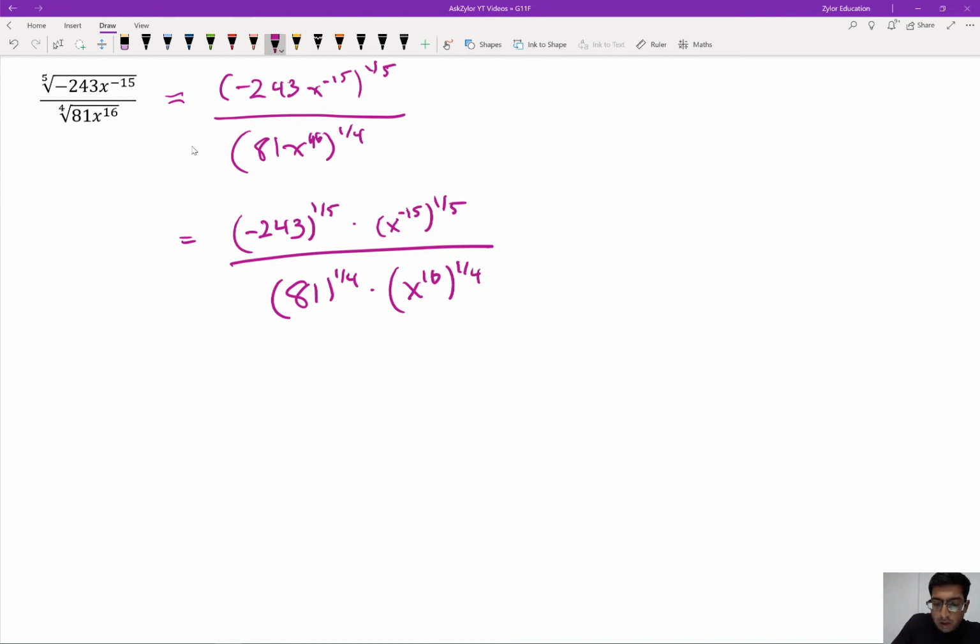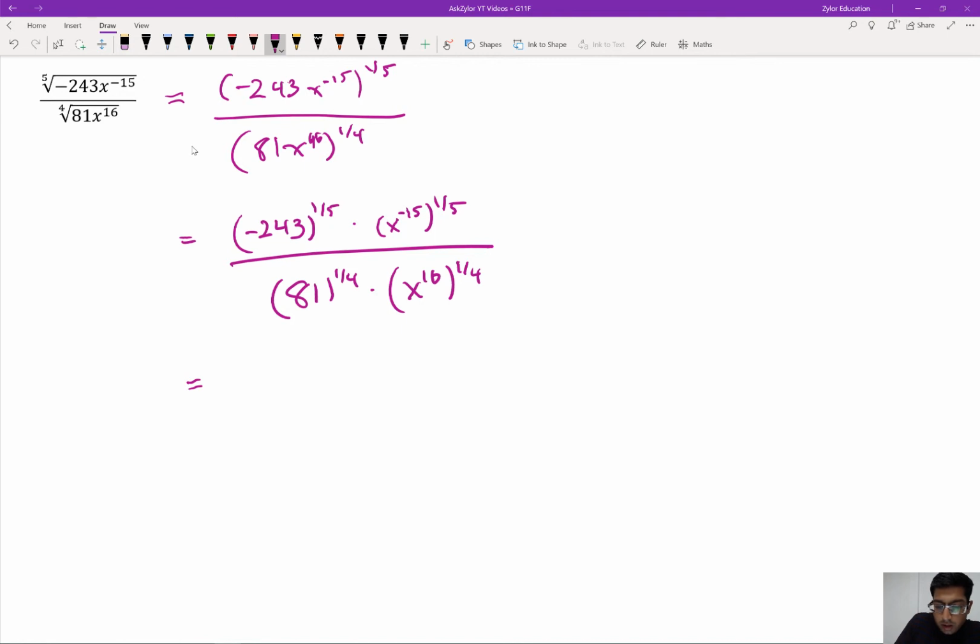So what I did here was I raised every coefficient and every variable to the 1/5 in both the numerator and the denominator.